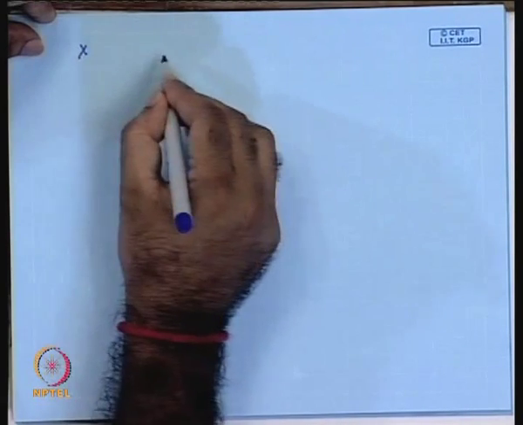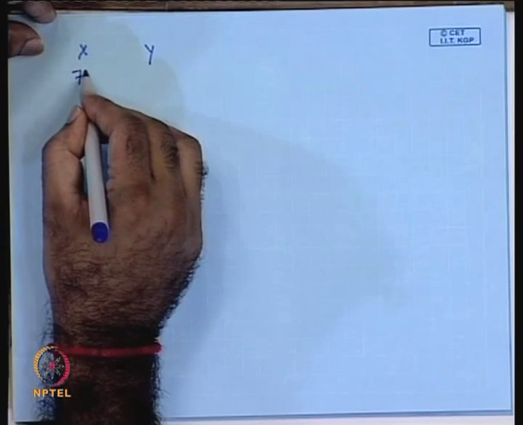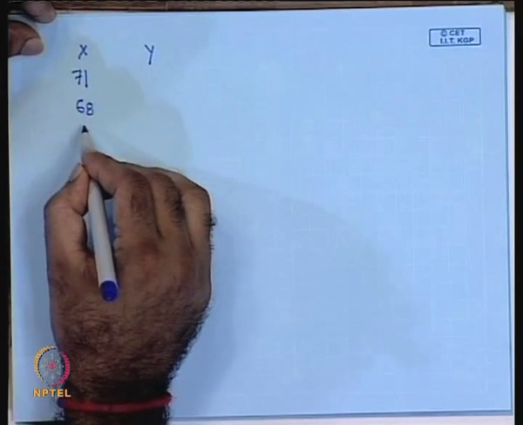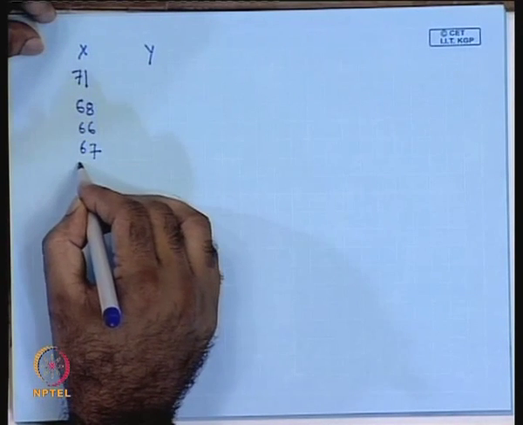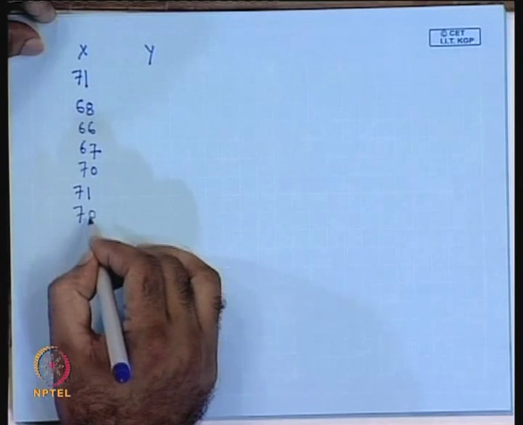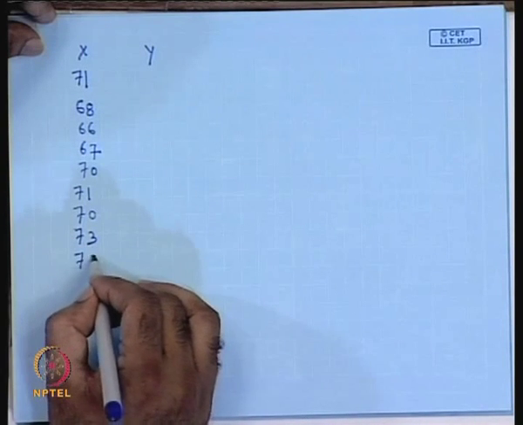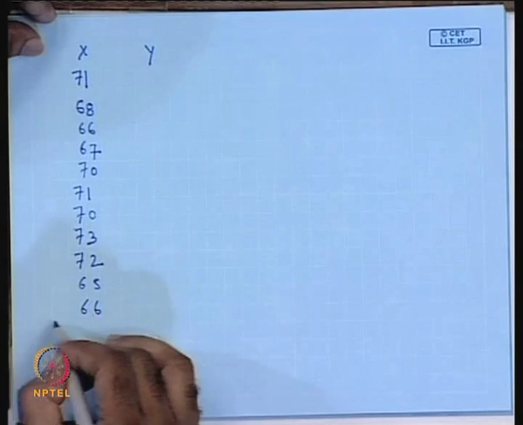Let me take an example here. This is the x series and this is the y series. Okay, so x represents 71, then 68, then 66, then 67, then 70, 71, 70, 73, 72, 65, then 66.